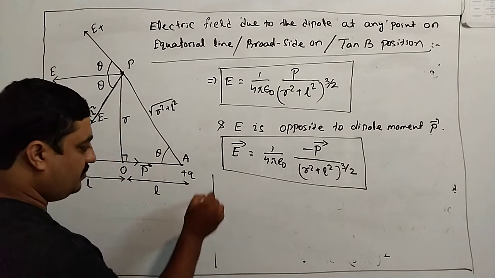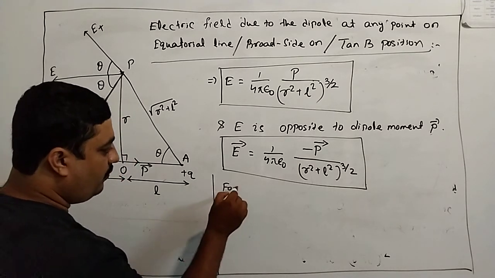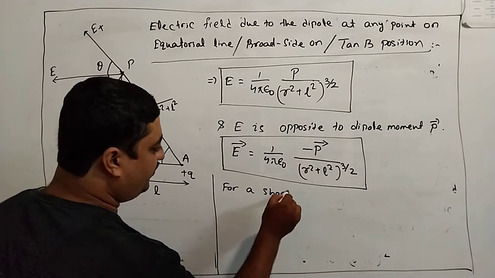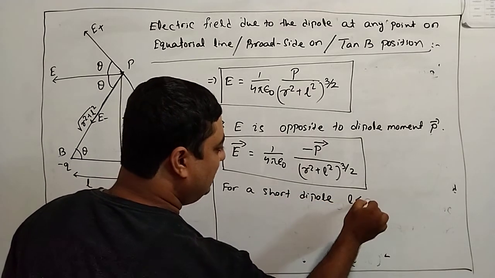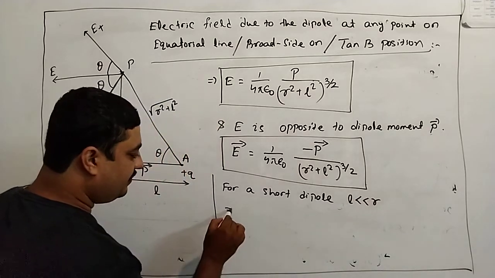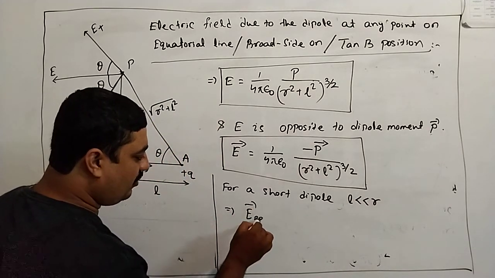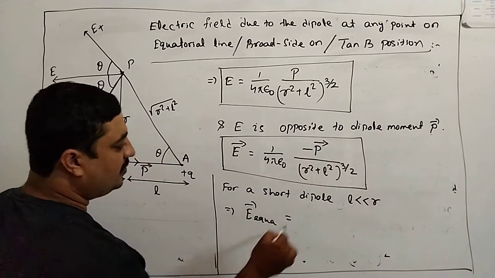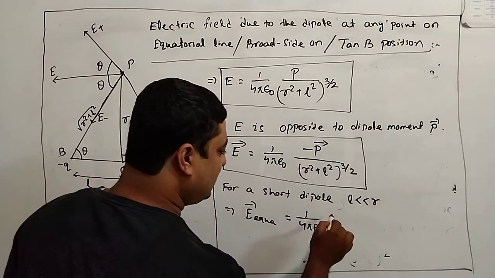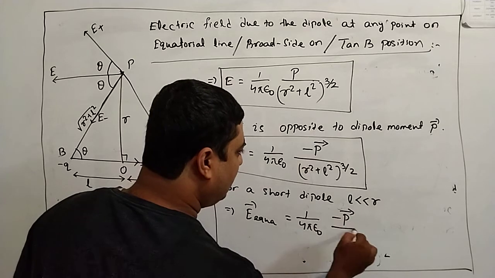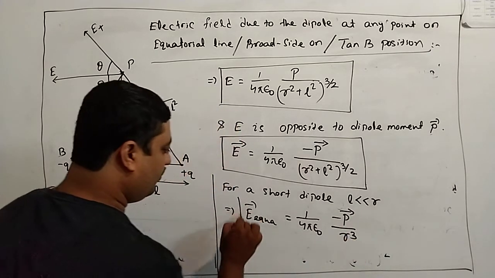Next, for a short dipole, L is very much less than R. So E equatorial is how much? 1 by 4πε₀ minus P by R³.